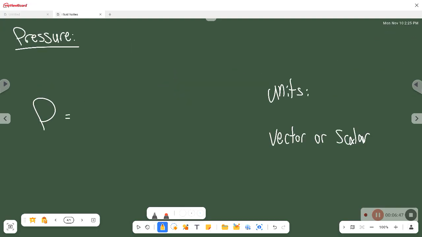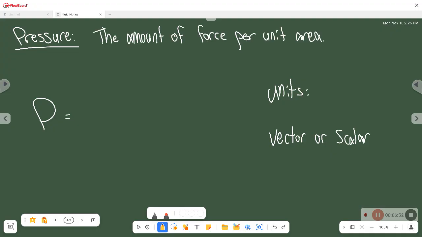Now let's start talking about pressure. Let's start with our definition of what pressure is. Pressure is the amount of force per unit area. Okay? So a lot of times when we've been talking about forces in this class, we've been drawing them as a single arrow and kind of imagining them as being applied at just a single point on an object. But in reality, that doesn't actually happen, right?